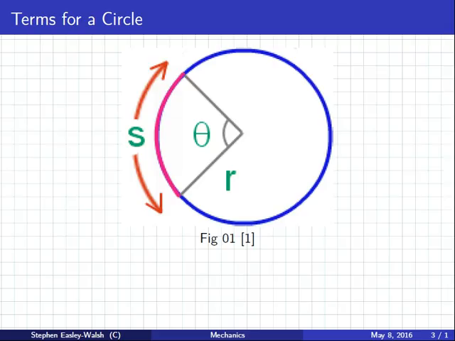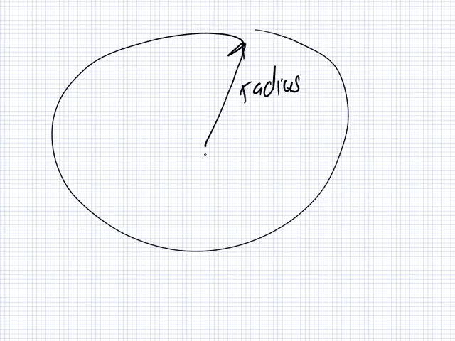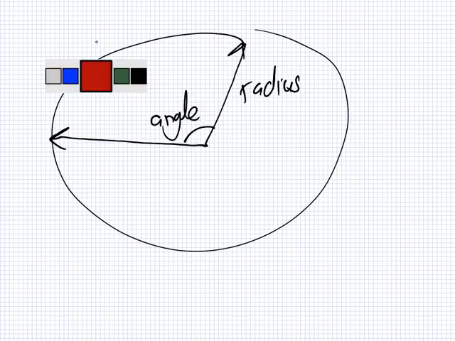I'll give you the names here. The first one is the radius, and then this here is the angle, and then here the s is. Anyone want to try?